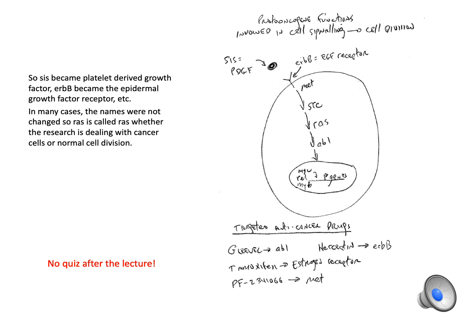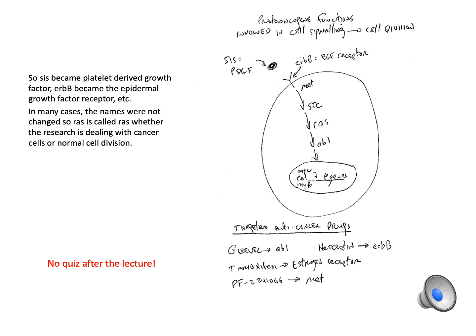So if you have a mutation in RAS, can there be a specific compound that would interact with that protein? And that's what was done with Gleevec. The first one that was identified interacts specifically with that BCR-ABL fusion protein.